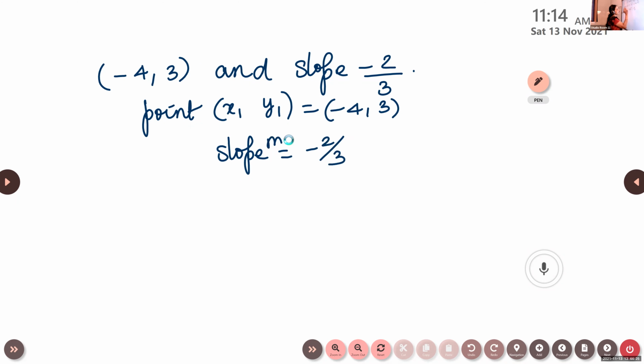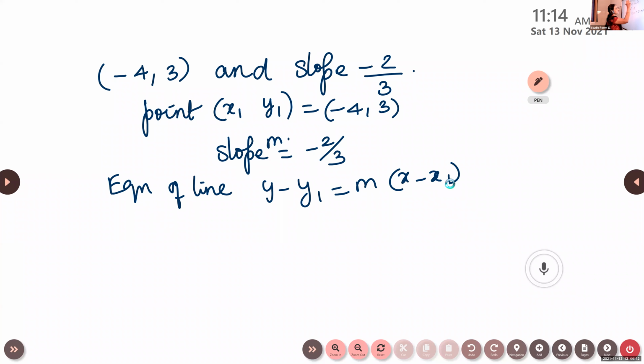One point and one slope. So what is the equation of the line? The equation of the line is y minus y1 is equal to m into x minus x1.